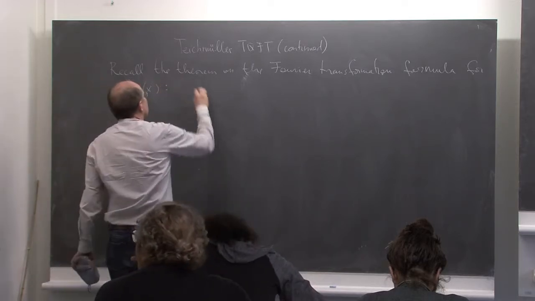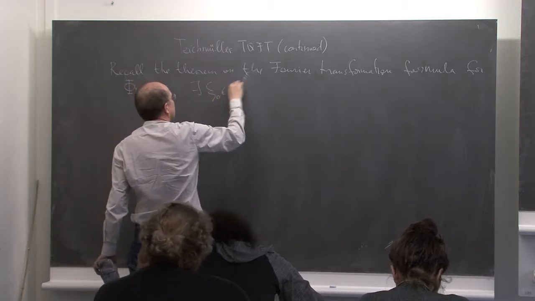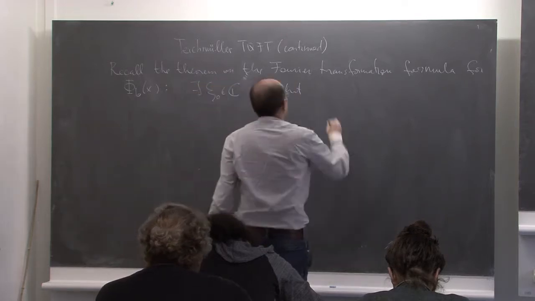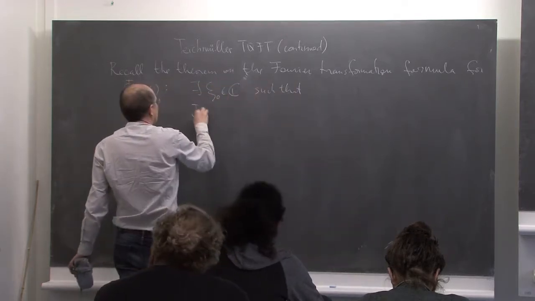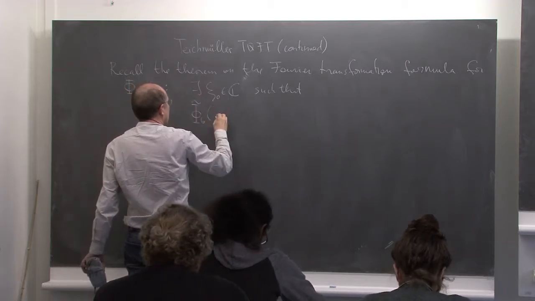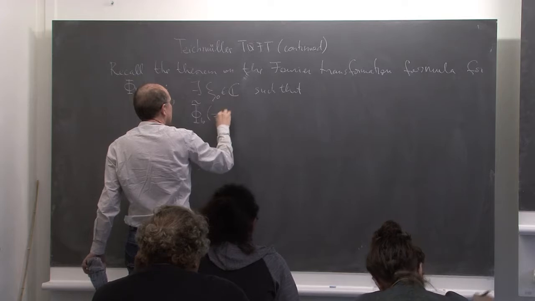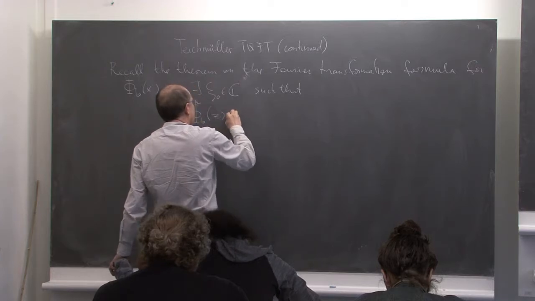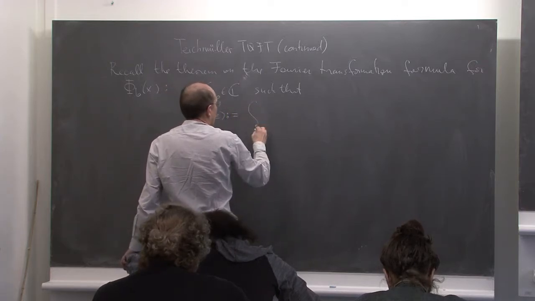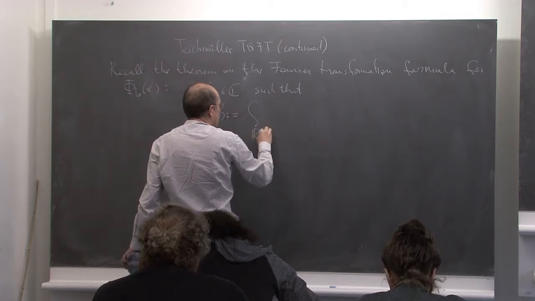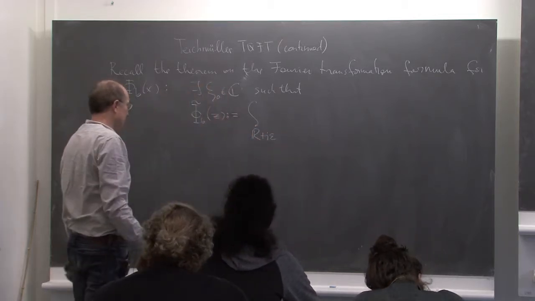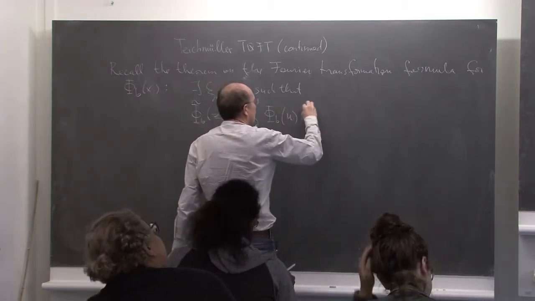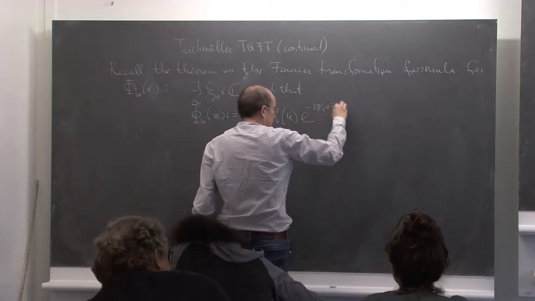And the formula was, so there exists a z0 in C such that phi b tilde of z, which is defined by the integral over the reals shifted upwards by quantity epsilon, phi b of u e^(-2 pi i u z) du.